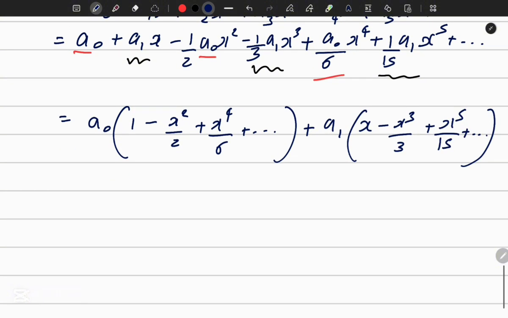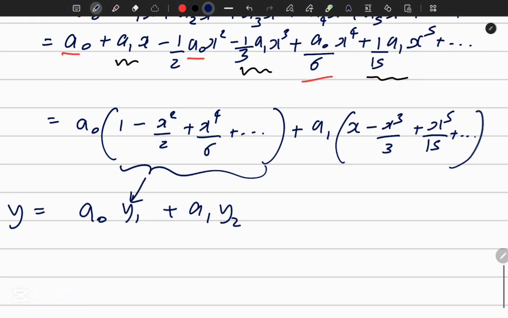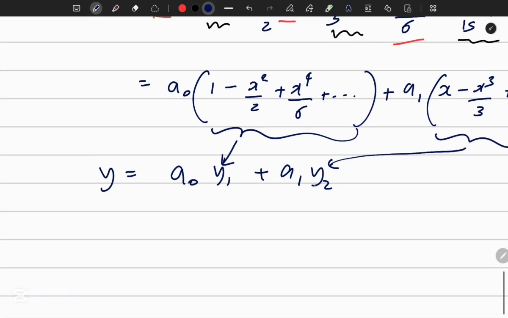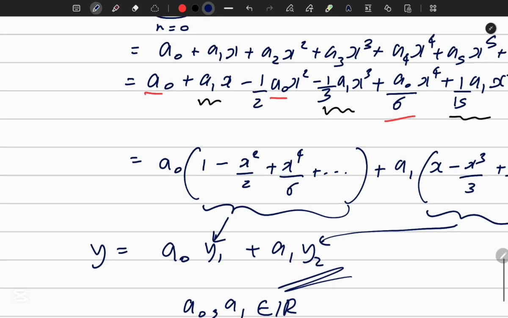So y equals a naught y1 plus a1 y2. This is the general solution, where a naught and a1 are real constants.